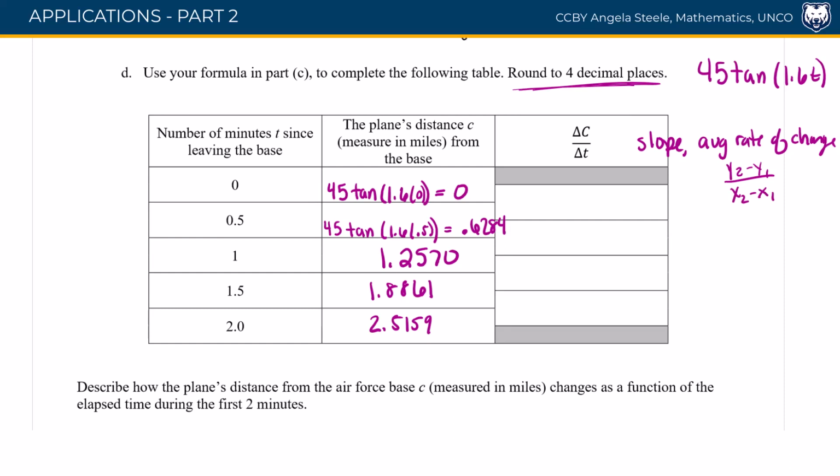So in this problem, for that first one, we're going to do 0.6284 minus 0 divided by 0.5 minus 0. So just the change in the y's divided by the change in the x's, or the inputs. When we do that, we get 1.2568. Go ahead and repeat that for the other values. So go ahead and find the slopes.